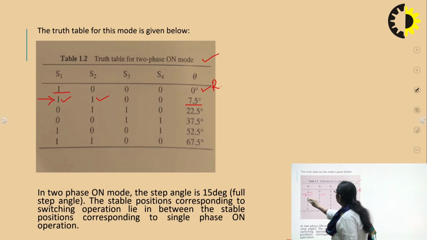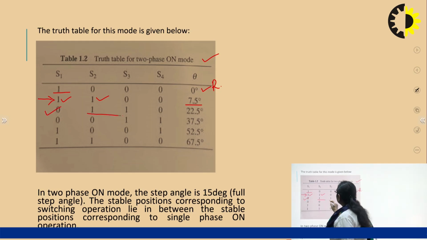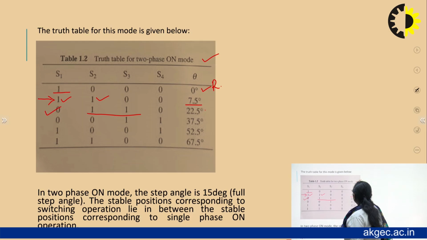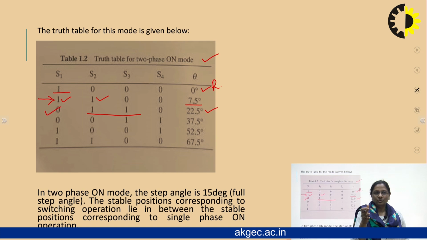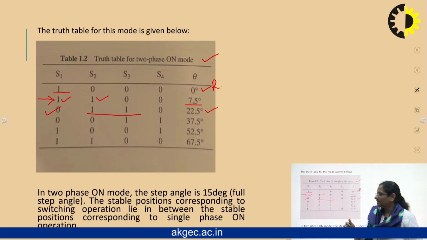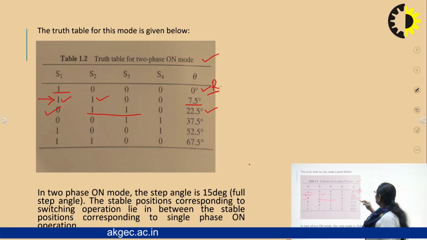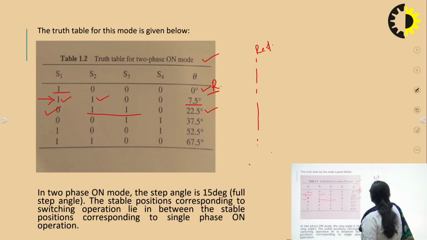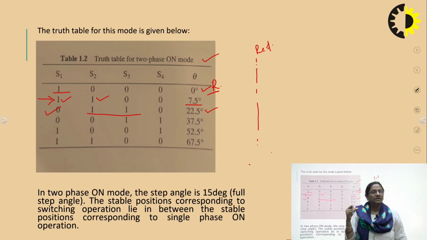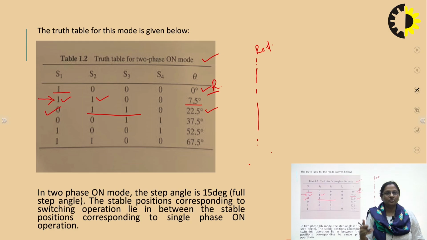A further change in the switching sequence will give you the rotor rotation by 15 degree. So, with respect to the 0 position angle, which is aligned with the phase A magnetic field reference position, the angle at which rotor assumes the stable position is 22.5 degree, or a movement by 15 degree with respect to the previous position.